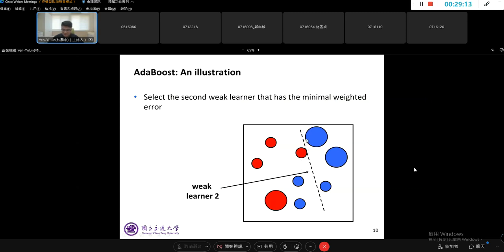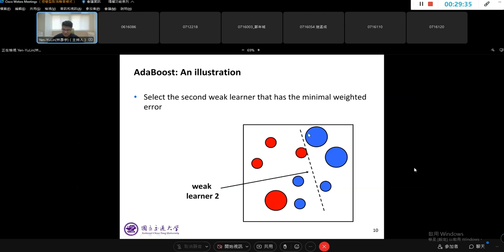This is the decision boundary of the second weak learner. As you could see, because the 3 data points have higher weight, this decision boundary correctly classifies the 3 examples that were misclassified in the previous iteration.